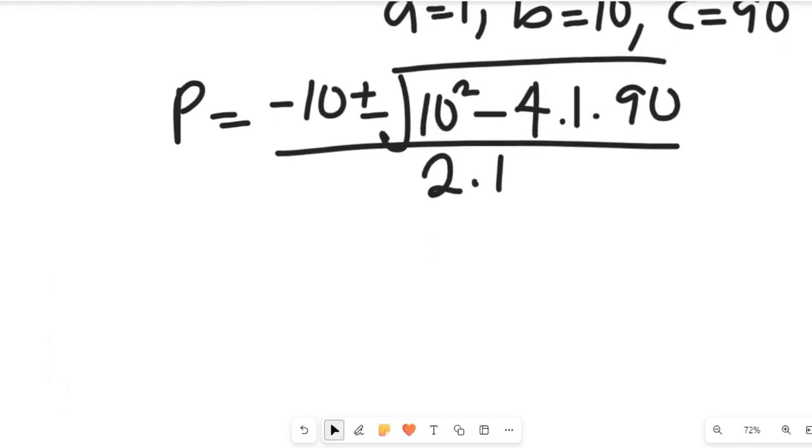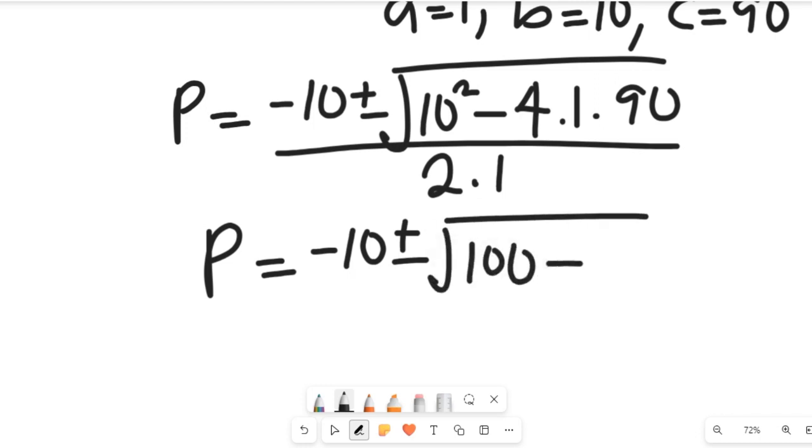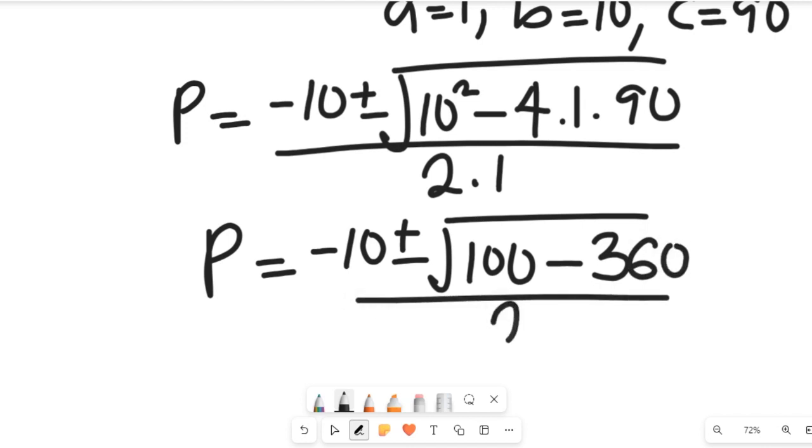So our value for p will be equal to negative 10 plus or minus square root of 100 minus 4 times 1 times 90 is going to give us that expression. 4 times 90 is going to give us 360. So we'll have 360 divided by 2.